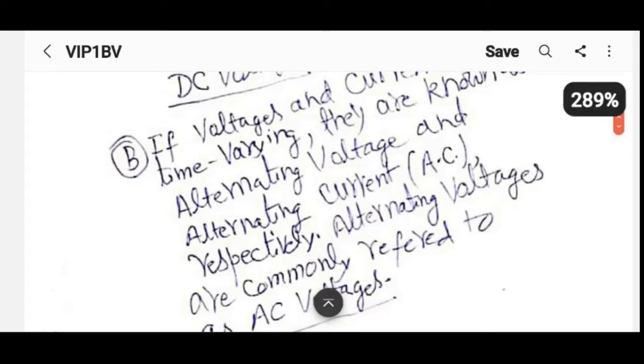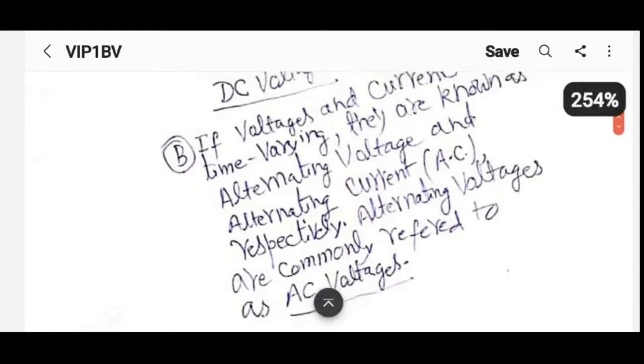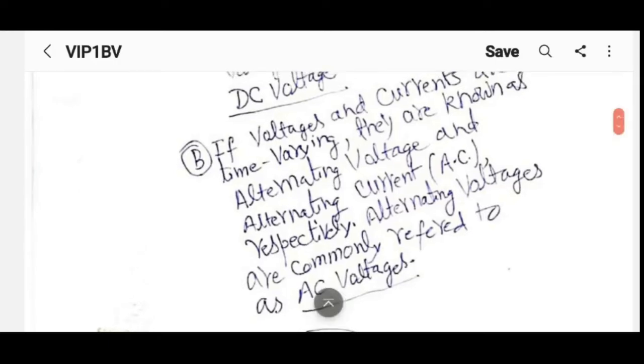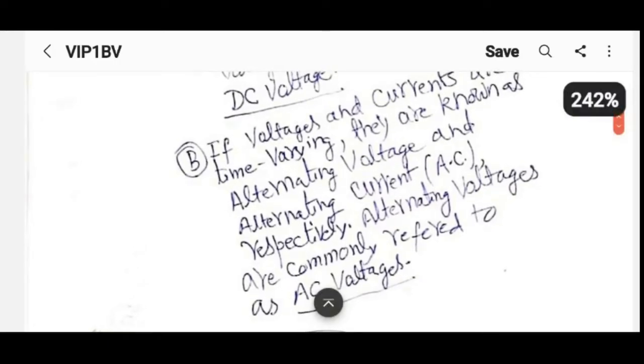The voltage that comes to your homes has a frequency, that means number of cycles per second, equal to 50. So the time period is 1 divided by 50 seconds for that voltage, which means 20 milliseconds. You can do the calculation yourself.